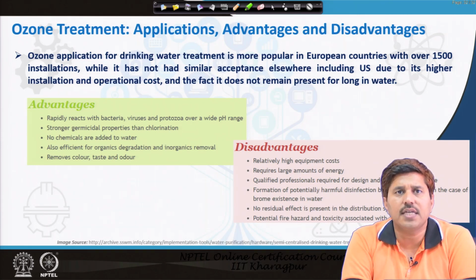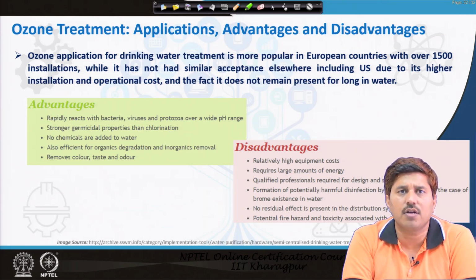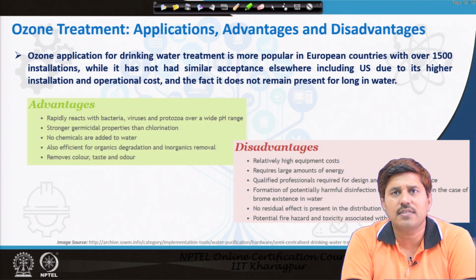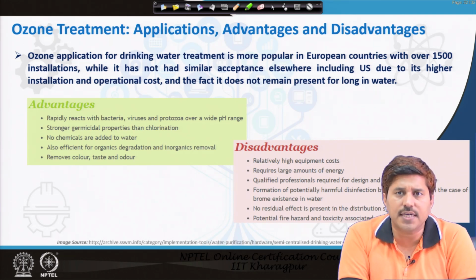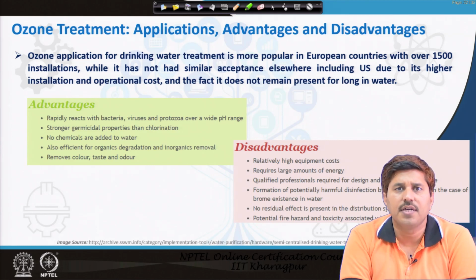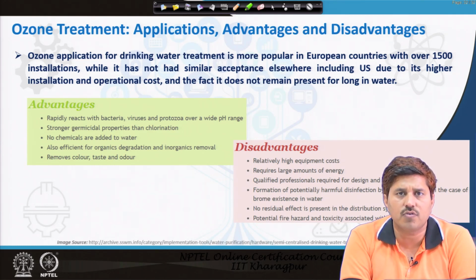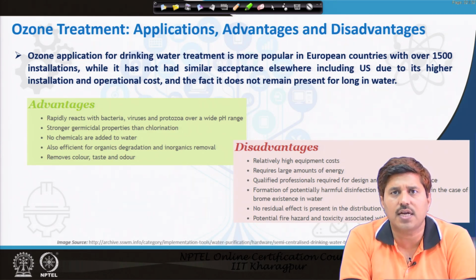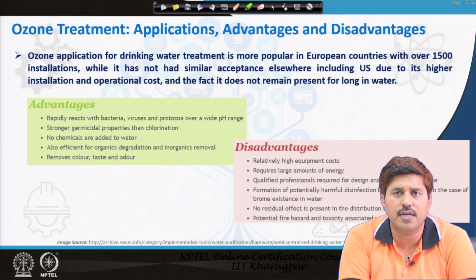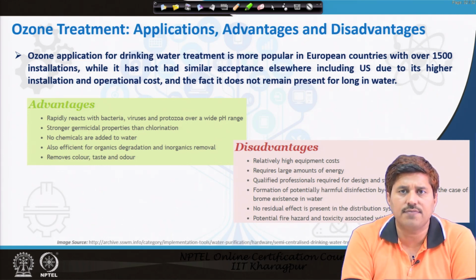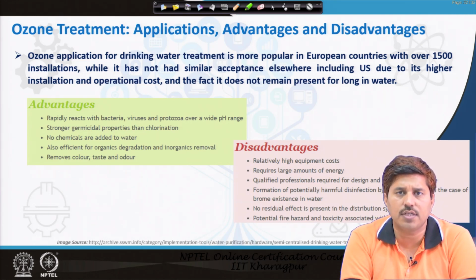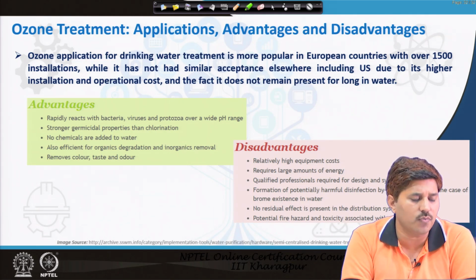The main reason is the higher installation and operational cost, and the fact that you need to have a secondary disinfectant in the system if you want to ensure post-treatment safety. So, in developing countries where the health risks are high, they anyway prefer chlorine because of its long-lasting disinfection ability by ensuring chlorine residuals in the treated water.